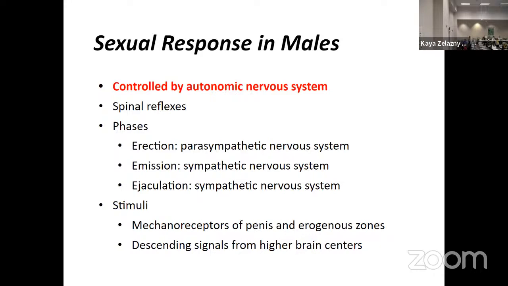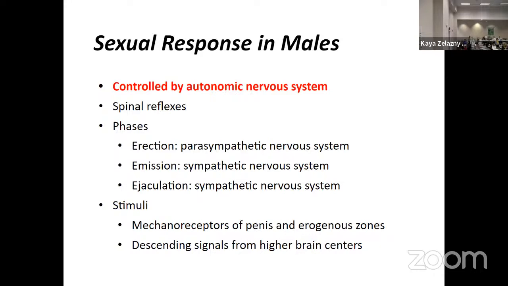So fluids coming from the prostate gland, from the seminal vesicles, from the bulbourethral glands. We're going to see a switch in the part of the nervous system that's responsible. Okay. And then in ejaculation, we're thinking about the semen actually exiting the body through the penis. And that's under the control of the sympathetic nervous system. Okay. So all of this is going to start out with the parasympathetic nervous system. This is what causes erection, okay? And we'll walk through a flowchart of how this is happening.